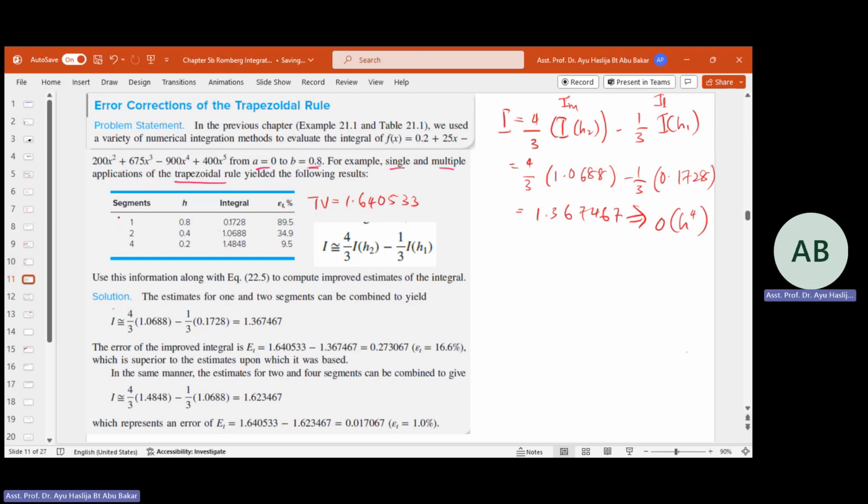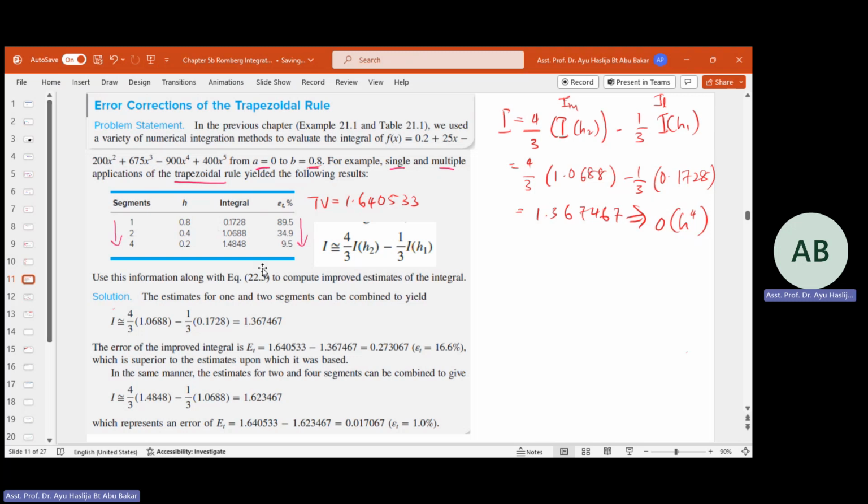Increasing segments, decreasing H, you see the integration value approaching the true value. True error decreases. The more segments, the error percentage also decreases. This one is from trapezoid last time.